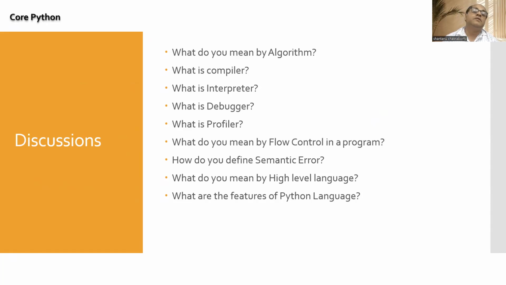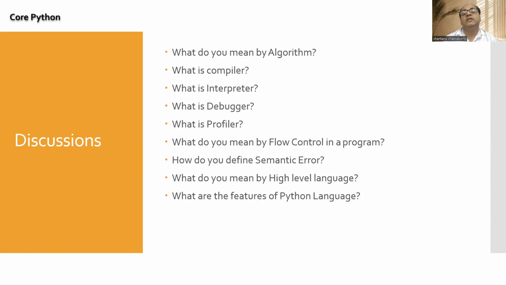And we also discussed the interpreter, which converts the source code to an object code line by line. We found out the role of the debugger and profiler in programming, and the flow control mechanism, which determines which instructions are executed one after another and what the flow of execution of these instructions will be.